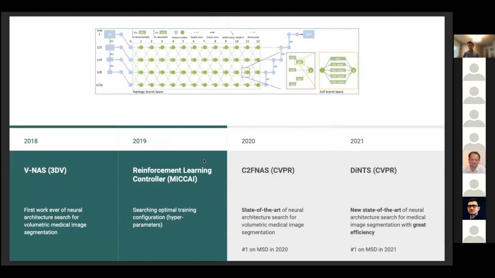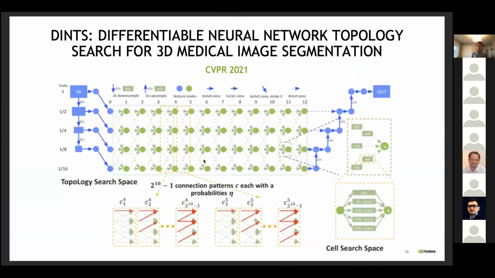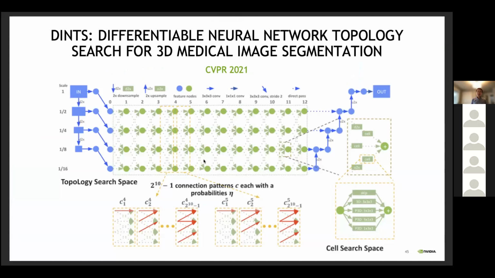Okay, in 2021, we introduced this concept. It's a newer state of the art on that data set in 2021. The question we are trying to answer here: in C2F-NAS, we search for a single-path network within this grid-based searching space.